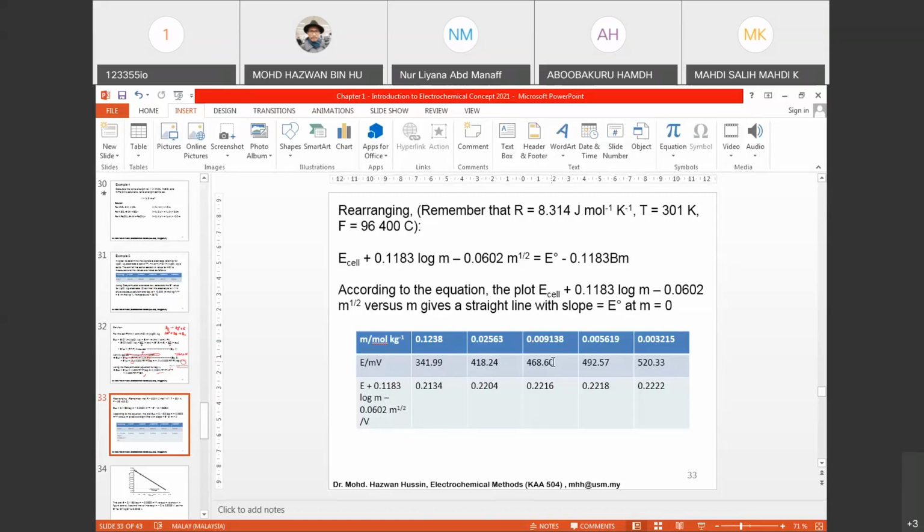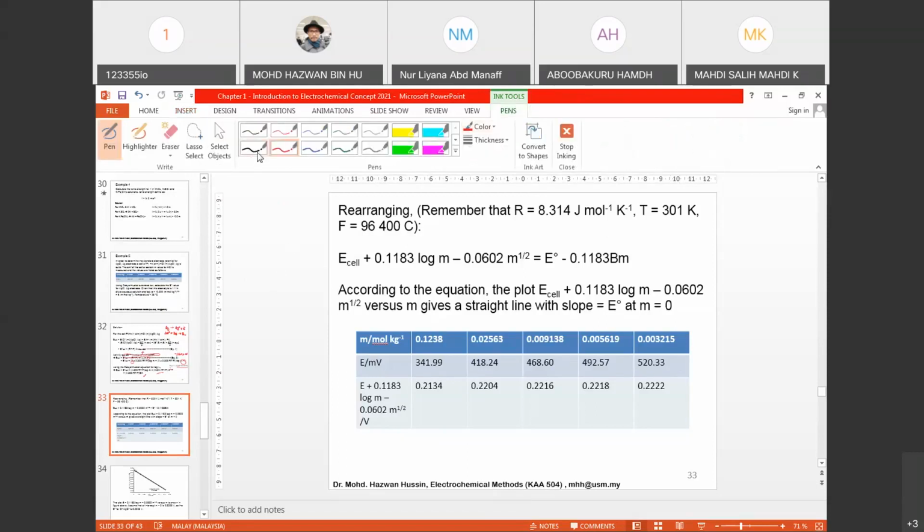The values listed over here are in millivolts, but for the calculation you need to use volt. So that is why I've mentioned here that the potential value must be in volt. So if you have 341, this actually equals 0.3419 volt, and the rest will follow like that.